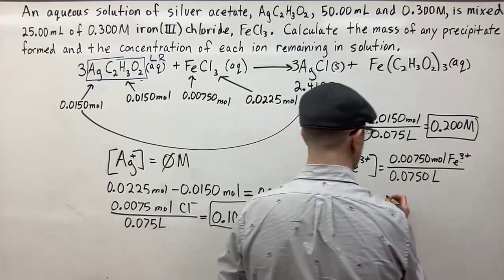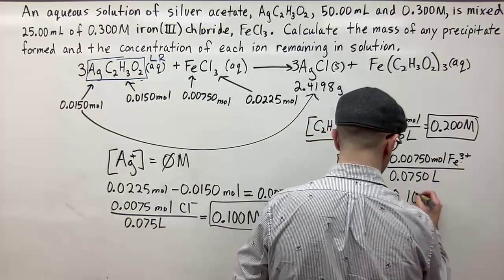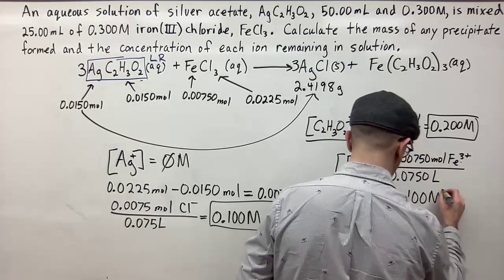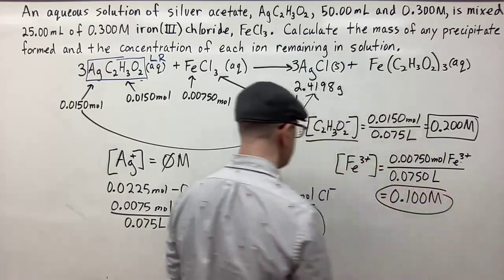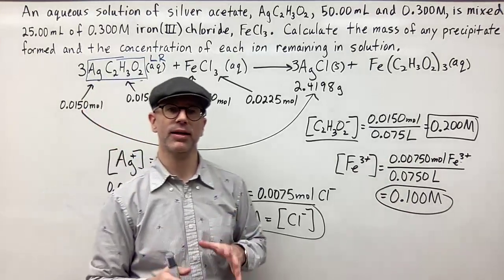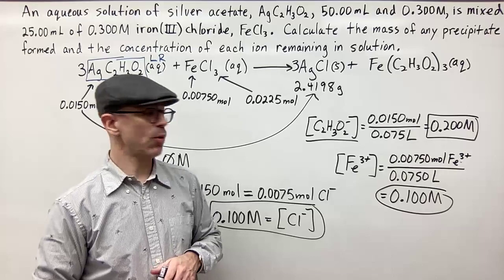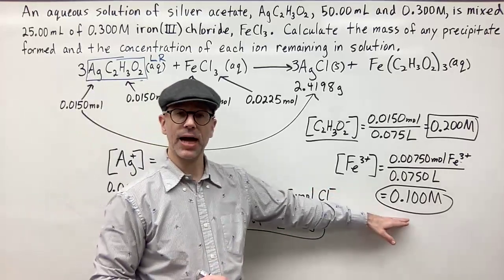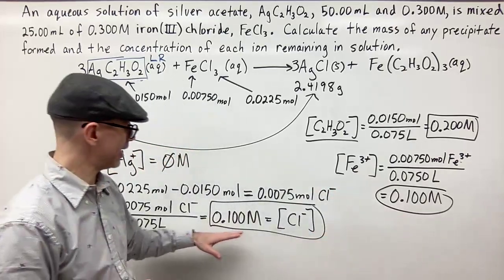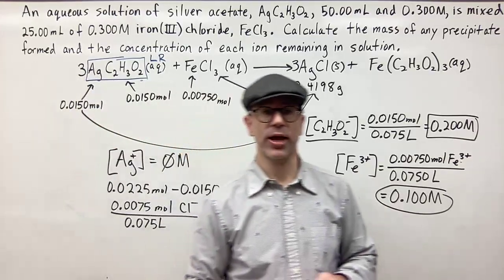And again, that's going to be equal to 0.100 molar. And so that, ladies and gentlemen, is how you find the mass of the precipitate in your reaction, as well as the concentrations of the ions that are left over in the solution after the reaction.